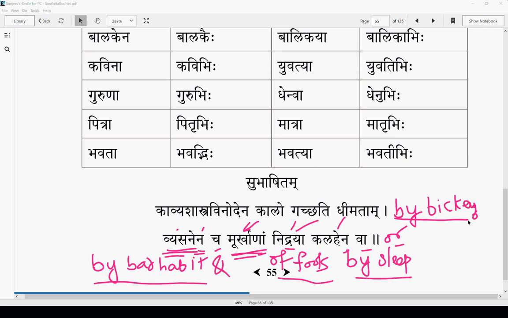It should be, and foolish people's by bad habits or by sleep. Sorry. It's the sleep and bickering. Or by sleep. Oh, the or bad by habit bickering of fools. No, I'm sorry. No, and by foolish people due to bad habits, by sleep or by bickering.